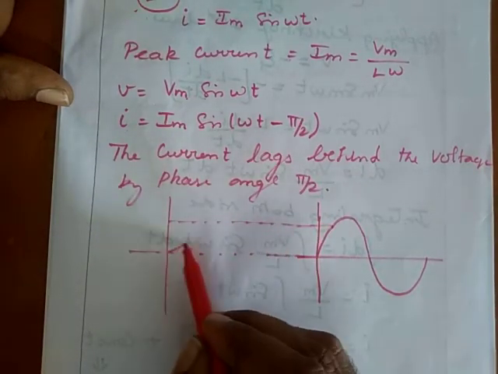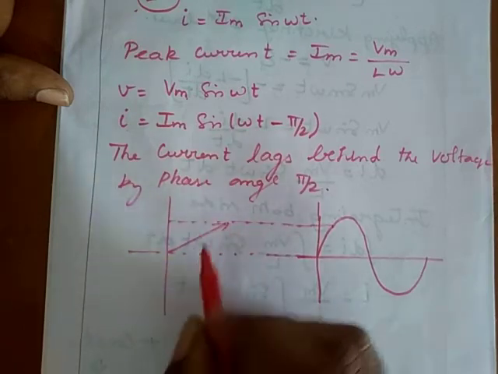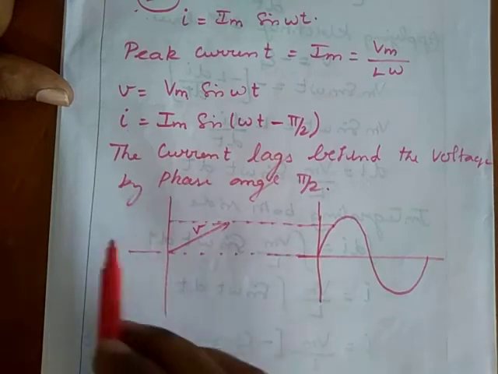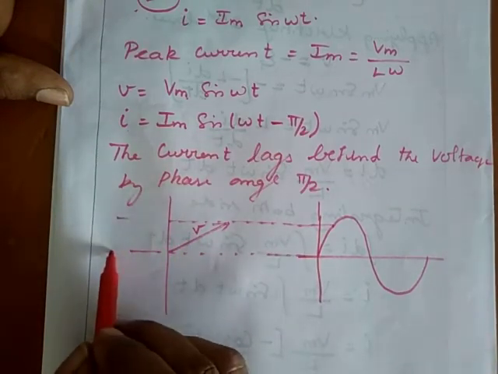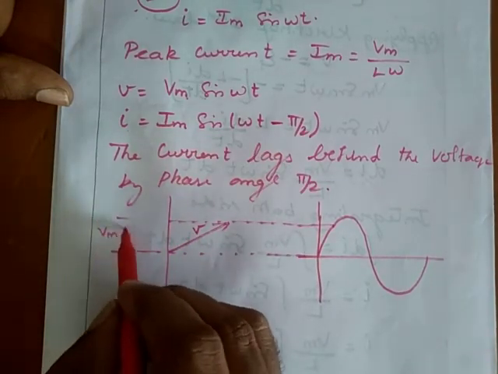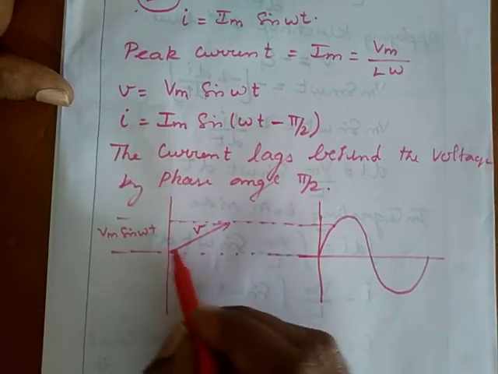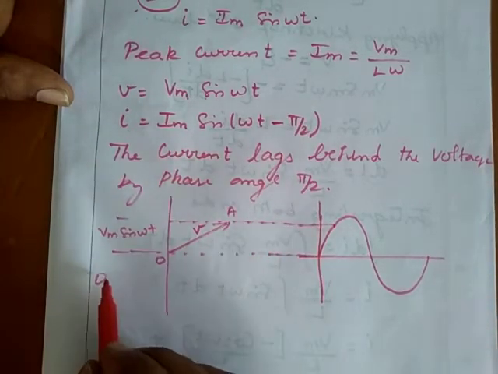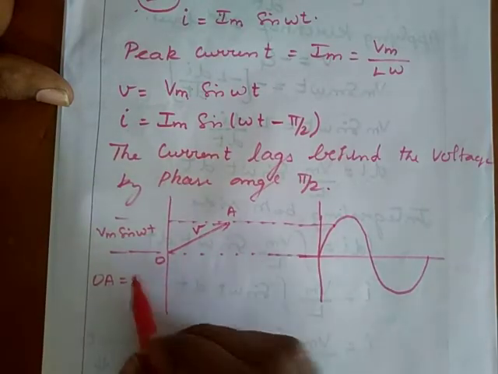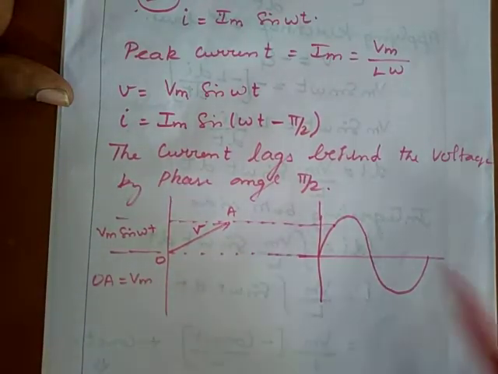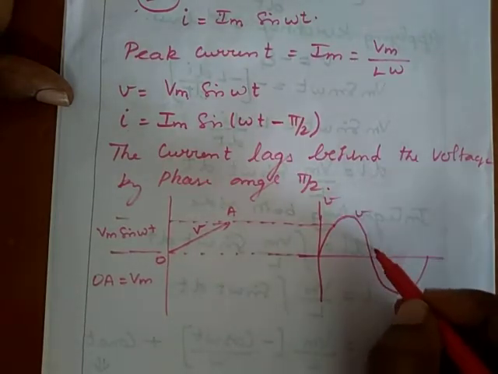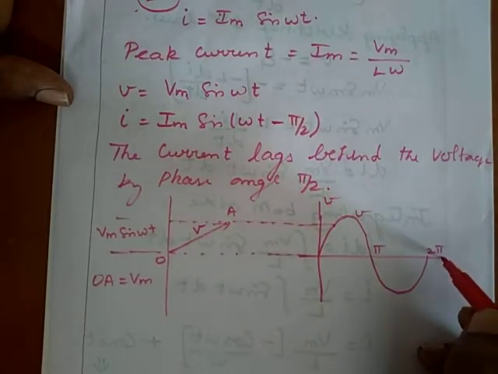It is a phasor represented as V. The y axis is Vm sin omega t, and OA is Vm. This is pi, this is 2 pi.